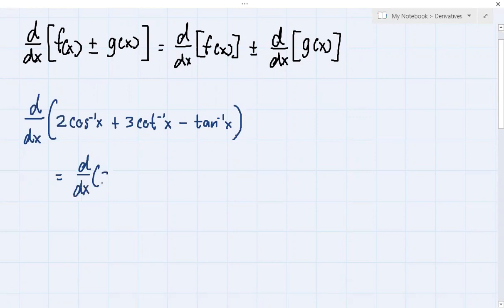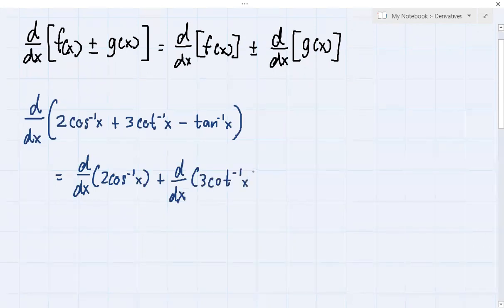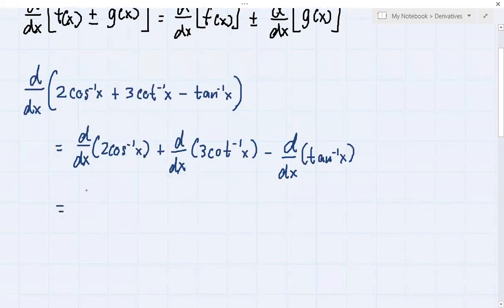Okay, we will have the derivative of 2 times arc cosine plus the derivative of 3 times arc cotangent minus the derivative of arc tangent. There you go.